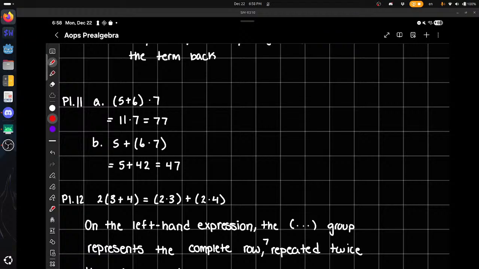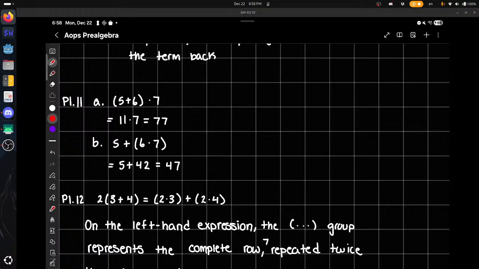And then they go over PEMDAS. Okay, so all they're saying is that we have to be careful with the order of operations, or these properties that they've given us don't always work when we start mixing in operators like addition and multiplication. We can't just move numbers around. We have to perform certain steps to get the correct answer.